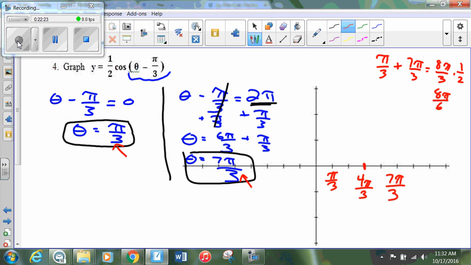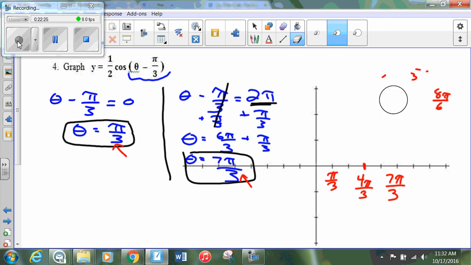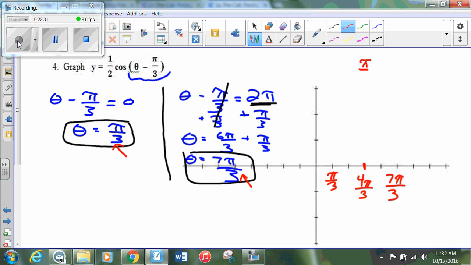Then I'm going to do the same thing for the next one. I'm going to find the middle between pi over 3 and 4 pi over 3. To find the middle, you add the 2 endpoints, and then you divide by 2, or we multiply by 1/2. It's the same thing, which gives us 5 pi over 6. So that's our other tick mark.